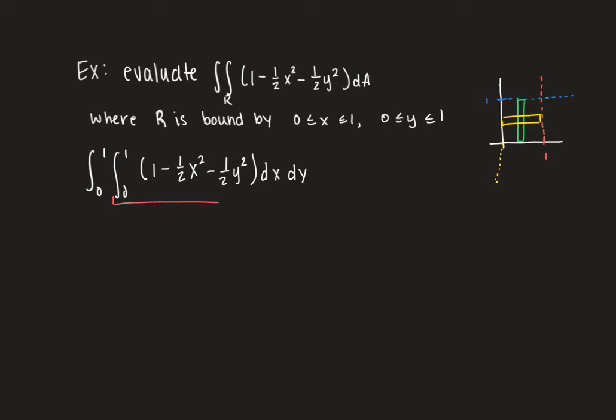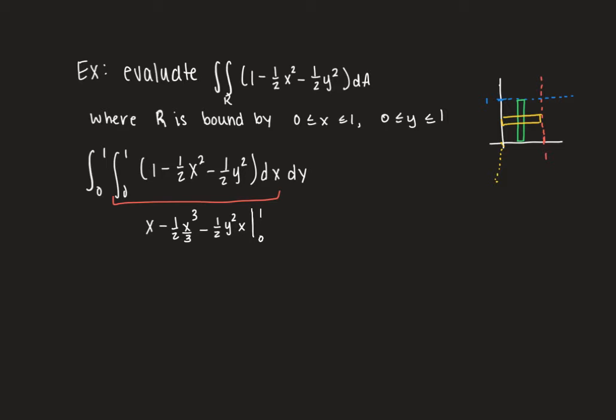So let's do just the dx part first. So this becomes x minus 1/2 x cubed over 3 minus 1/2 y squared x from 0 to 1, plugging in 1 and 0 for x.